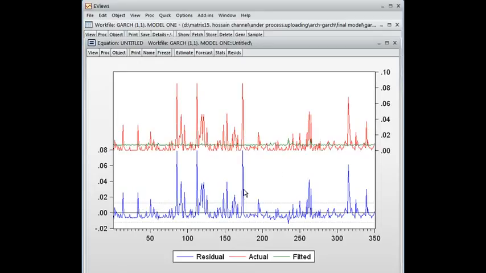Again you can see from here, from 95 days to almost 180 days, volatilities are very big.